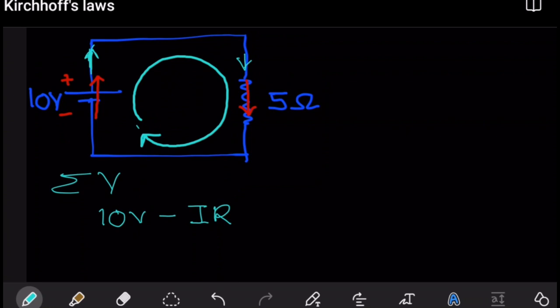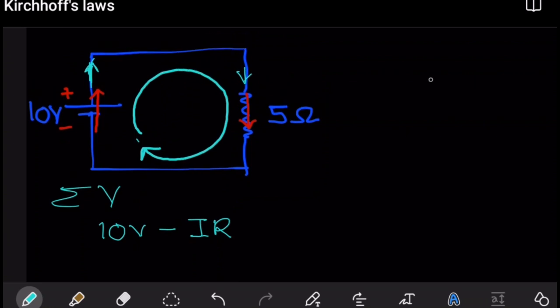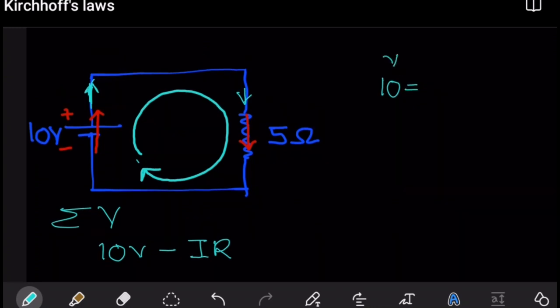To find it, it will be the current passing through the resistor multiplied by the resistance. So how do we find the current? Here I'm using Ohm's law, V equals IR. The voltage from the source is 10 volts, the current is what I want to find, and the resistance is 5 ohms.